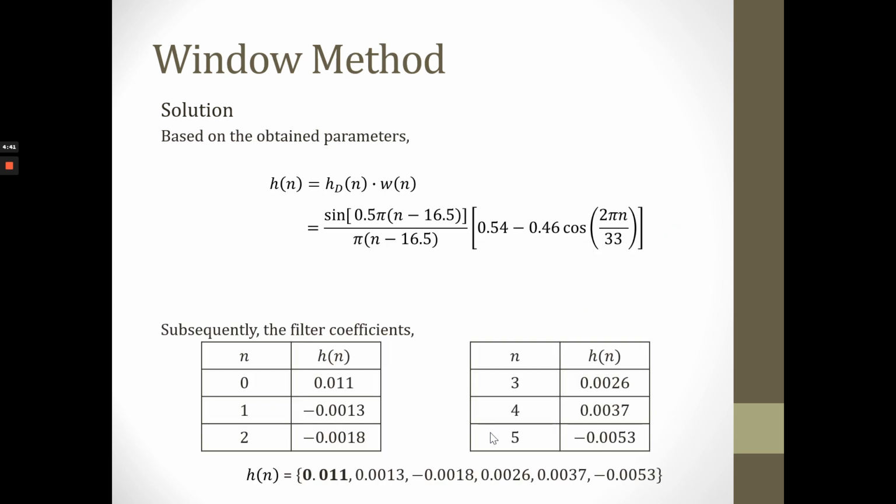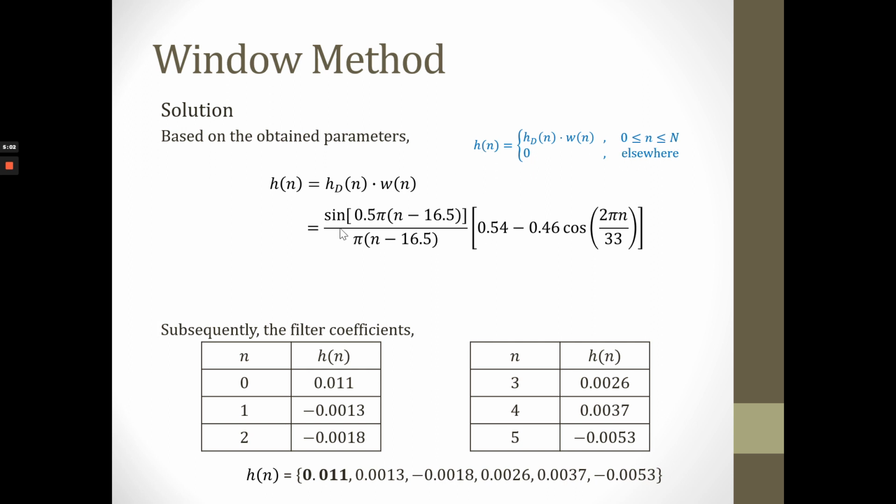Next, we can determine the value of h(n), which is equal to hd(n) multiplied with window function w(n) for n from 0 until N. Otherwise, it will be equal to 0 outside of this region.